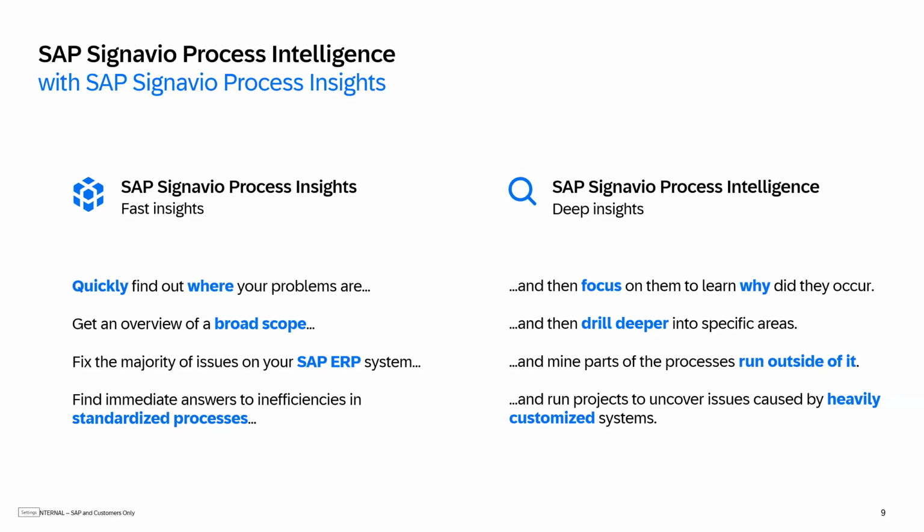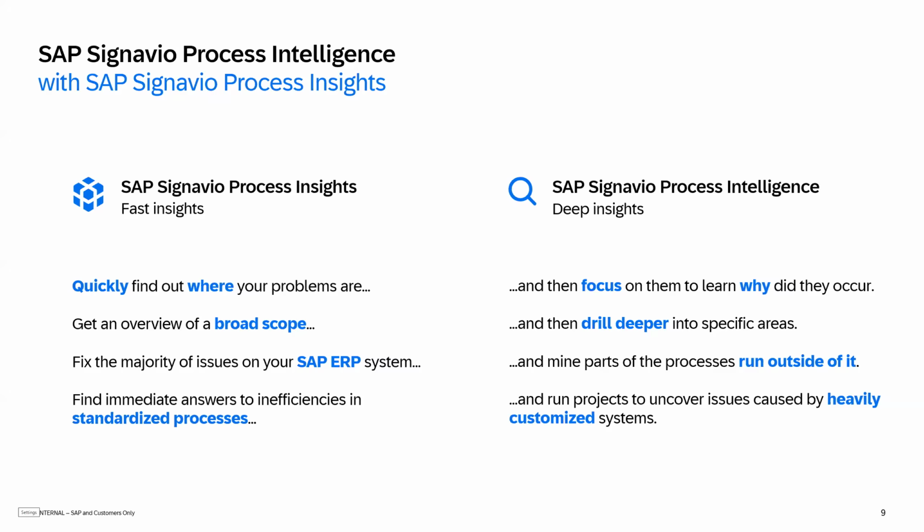But if you want to go deeper, then you really have to go into process intelligence. That's where you can drill deep, where you can use code to actually go into the widgets and create much more in-depth investigations. And so that's kind of what we're going to look at.